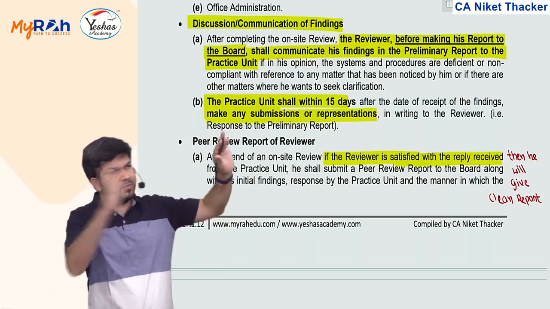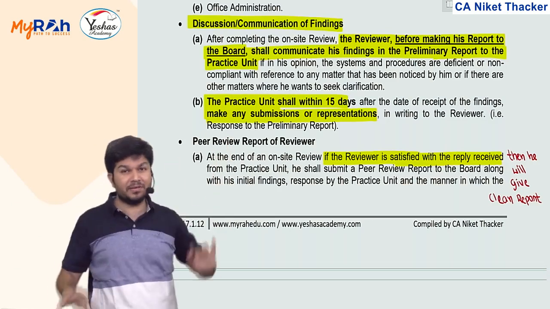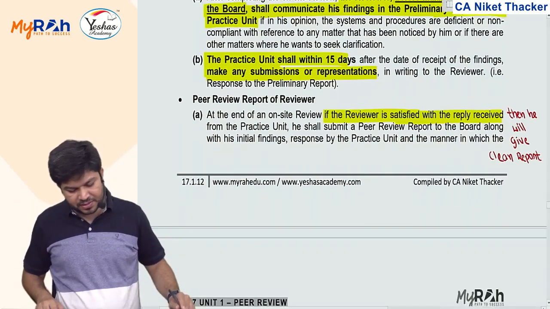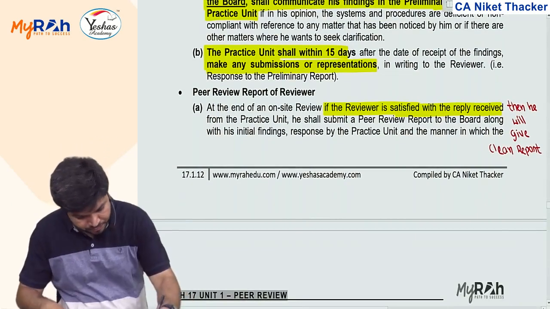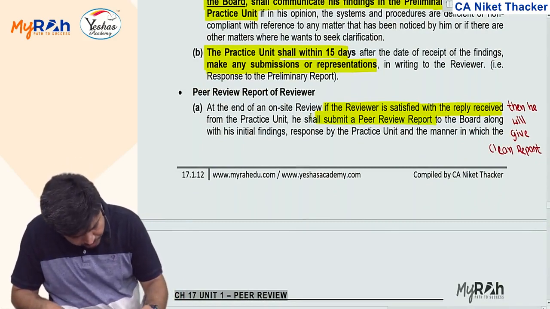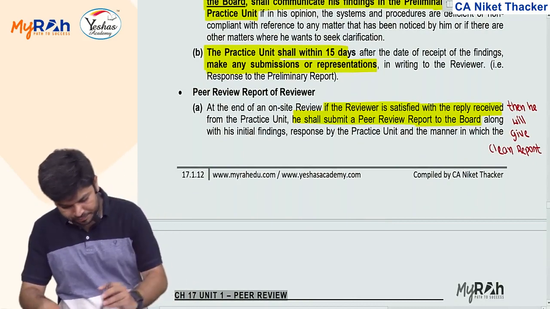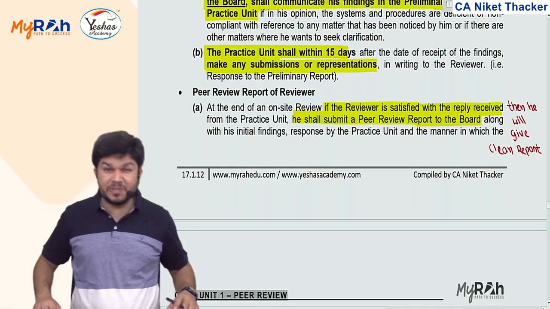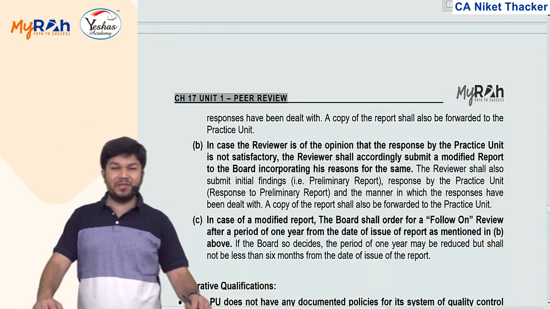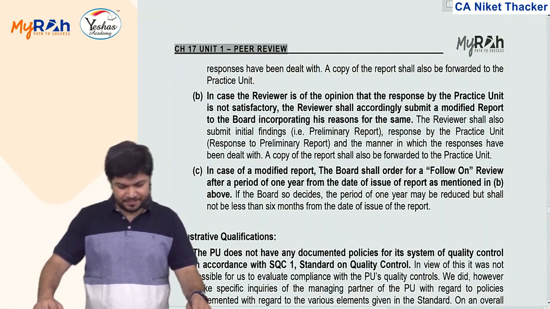To the PRB, he will send the final report with the preliminary report, replies, everything. He will submit a clean report to the board. This is a clean report, if he is happy. If he is not happy with the reply, he will give a modified report to PRB.